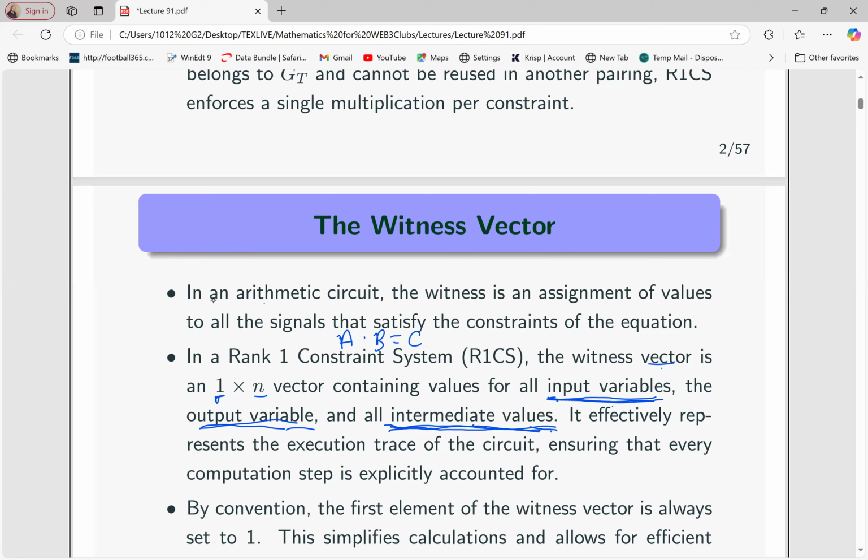All these witnesses I've mentioned, we are writing them in the form of a vector, in one row and then several columns, n of them. These n columns depend on how many input variables you have, how many output variables you have, and how many intermediate values you have.